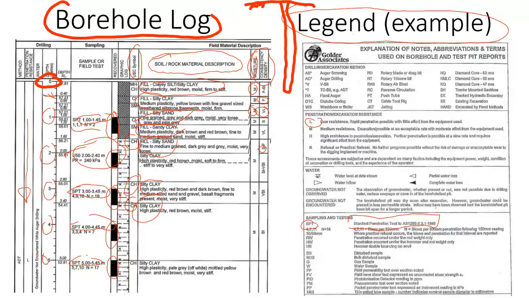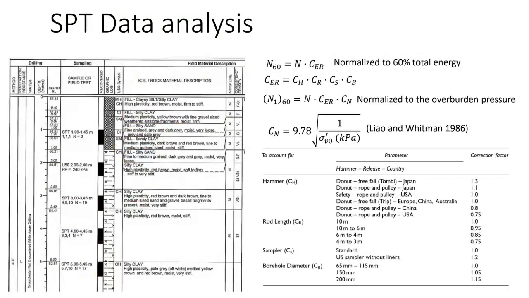So what I would like you to do is to be able to understand these numbers. Another thing is that this test is very popular, probably the most popular test to do during site investigation.